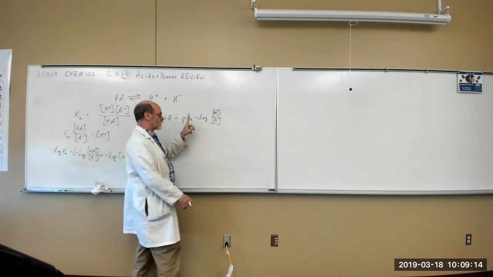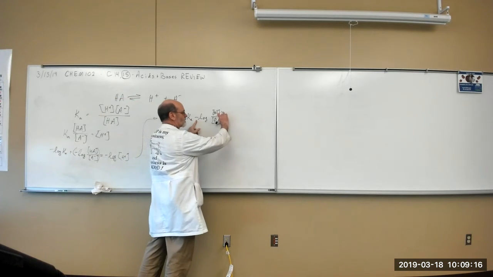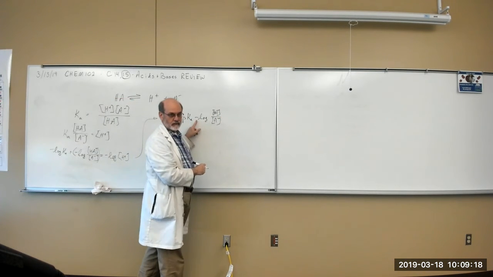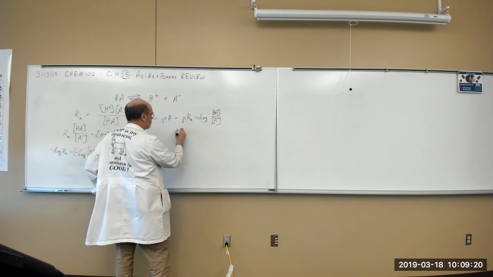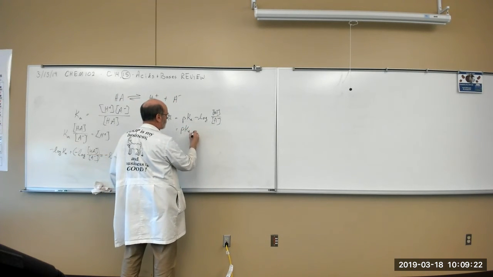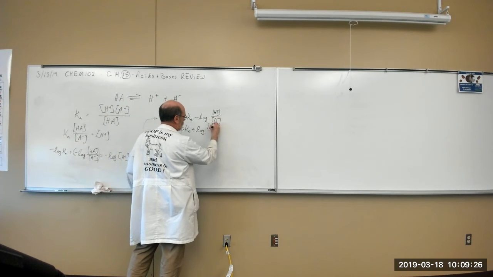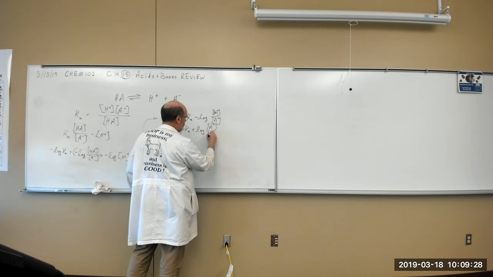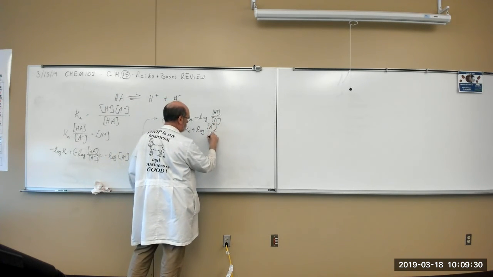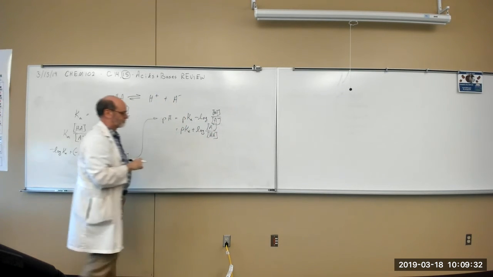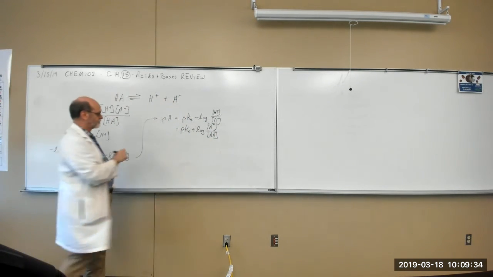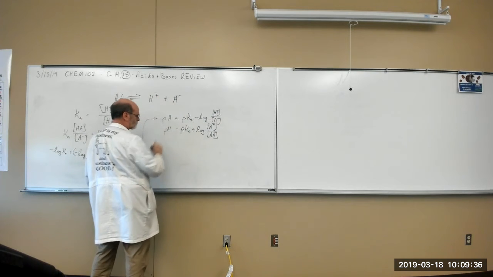What happens when you change this to positive? This term flips. Plus log of the conjugate base over its acid. So it's turning into this formula here: pH is equal to pKa plus log of base over acid.